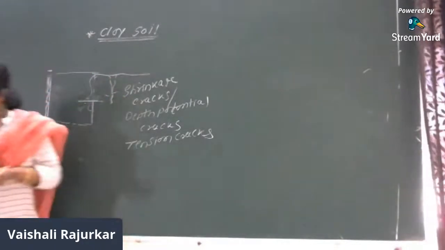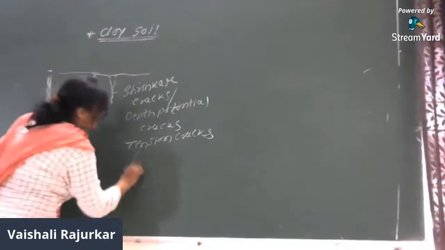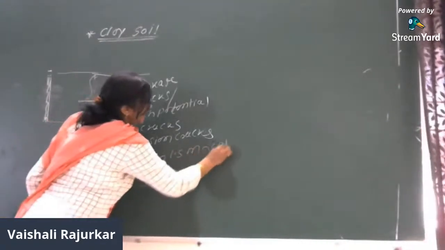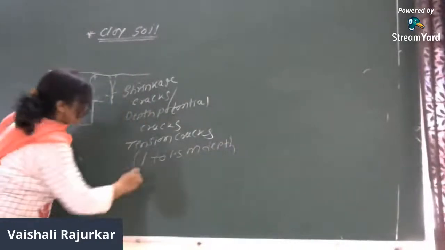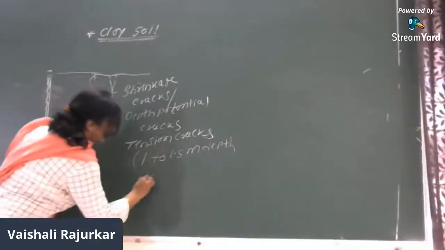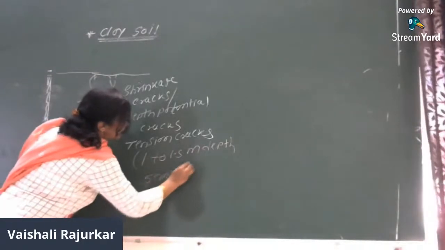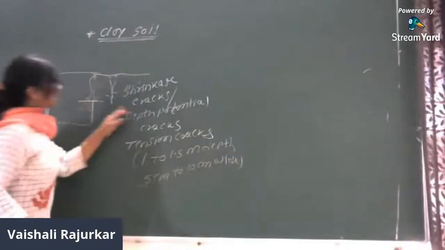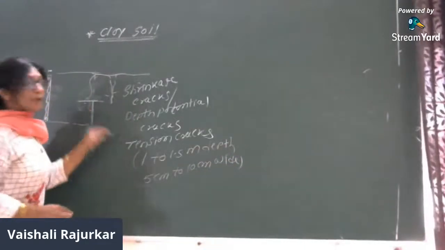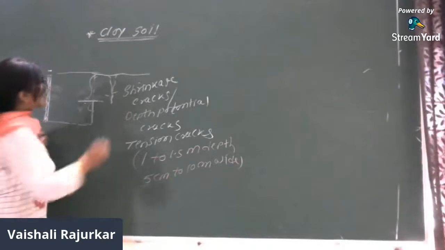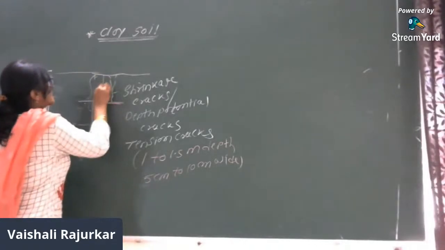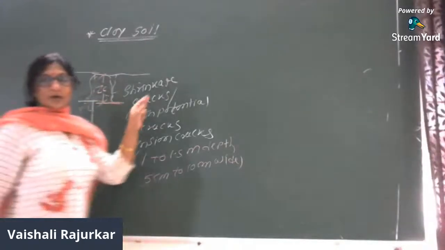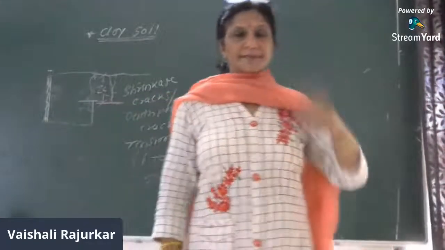Generally, these cracks are 1 to 1.5 meter deep and 5 centimeter to 10 centimeter wide. So this depth is an important parameter in such numericals, and this depth is called ZC. It is also called the depth of the tension cracks, right?